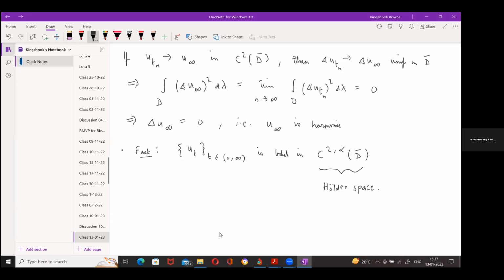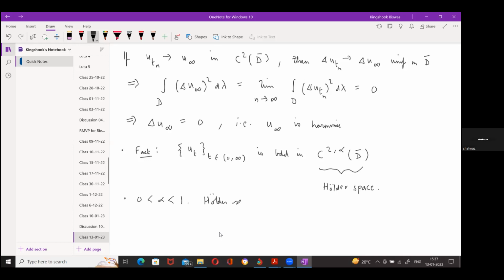So here I have to define for you what Holder spaces are. You know what the C^k spaces are, right? There you take the supremum norms of all the partial derivatives of order up to k and add up those sup norms. Here you take the C2 norm, and then you also add up what are called the Holder semi-norms. So what is alpha? If alpha is a number between 0 and 1, then you can define its Holder semi-norm.